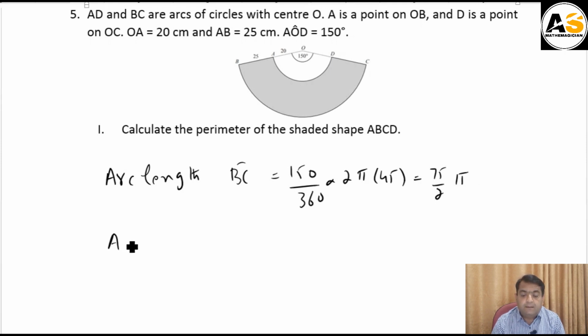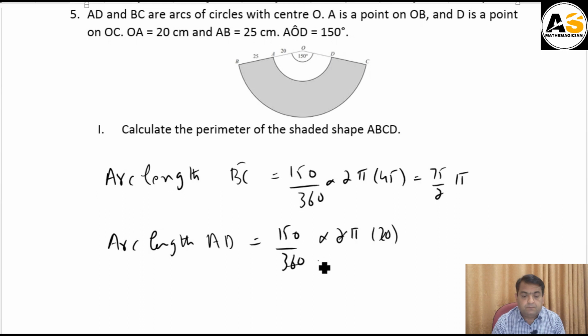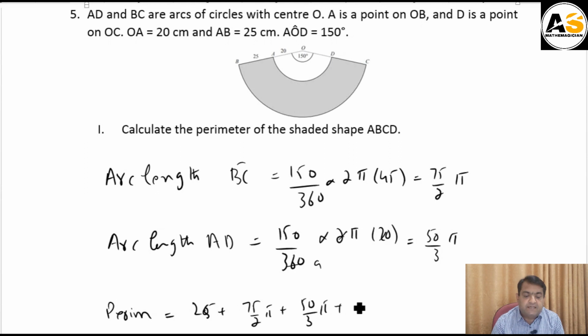Similarly, arc length AD will be 150 over 360 into 2 pi r. R is 20. So perimeter of the shaded shape will be 20, 25 plus arc length AB plus arc length BC plus DC distance, which is again 25.